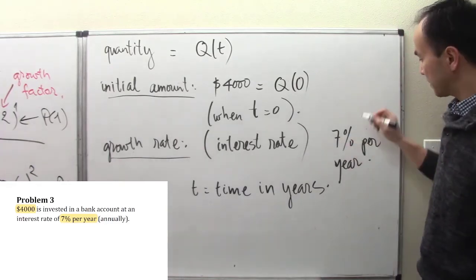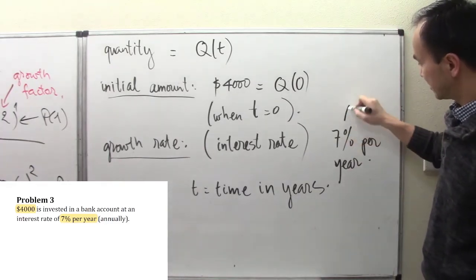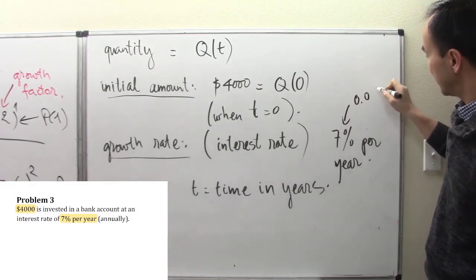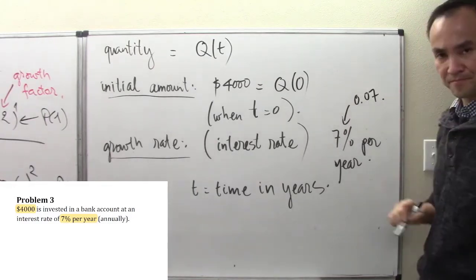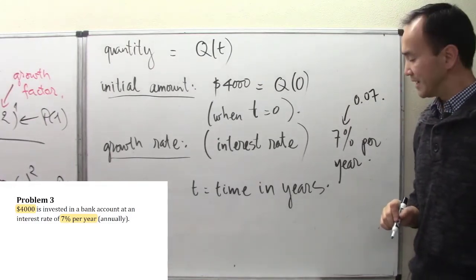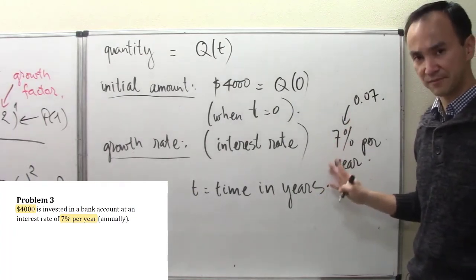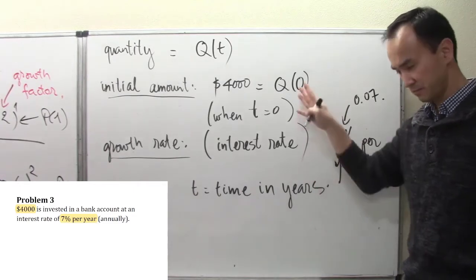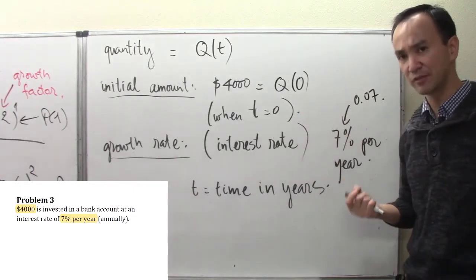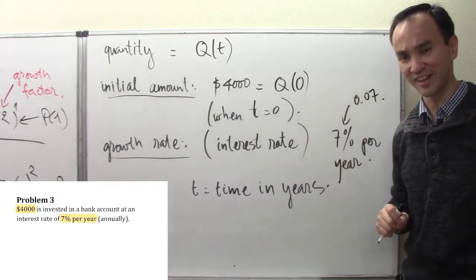And so this 7% is written as 0.07. With just this much given information, we have enough to get the calculation done and come up with our function.